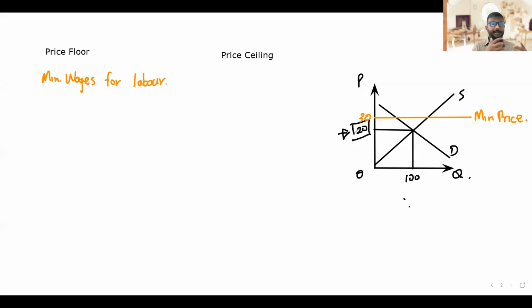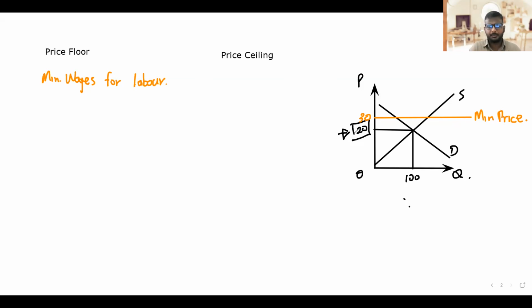Sometimes employers exploit interns and give only 5,000, 6,000 salary, that might be the market rate, but government will step in and say 6,000 is too low for these laborers who are supplying you their labor. So you have to pay them a minimum of 10,000 rupees. If you want, you can pay 100,000 also, but minimum you should pay 10,000. So that is one example of price floor, because wage or salary is the price you give for labor.